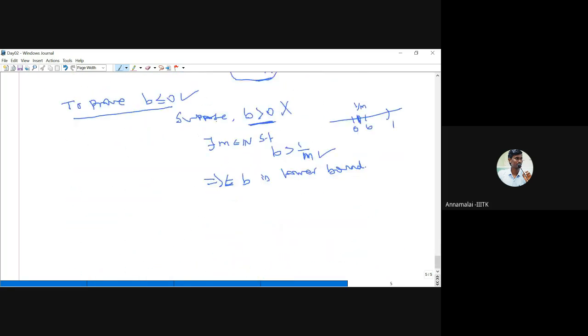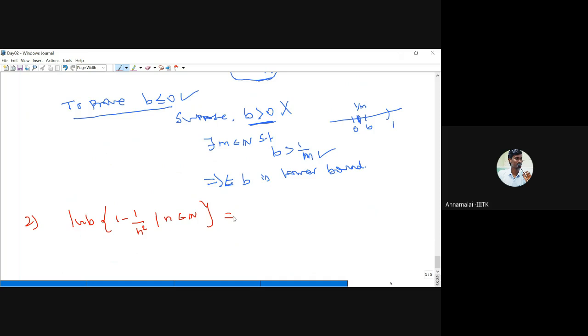Now maybe I ask one question. What is the LUB of the set 1 minus 1 by n square, such that n varies over the natural numbers? Just substitute the values of n: what is the maximum value?